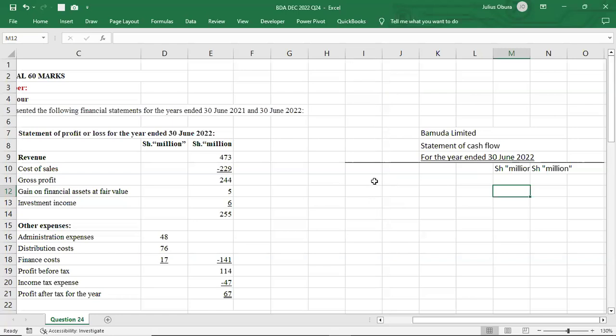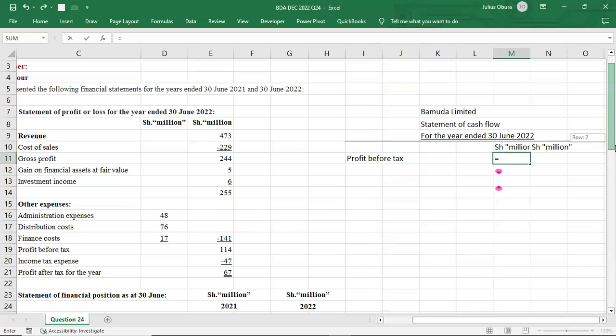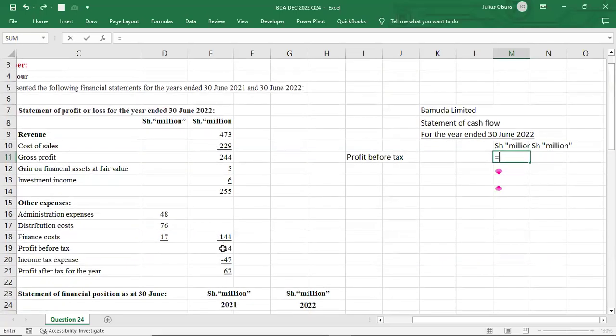So we start here with our profit before tax, and we get that from our income statement. Here it is, 114. Yes, that's our profit before tax. Then for our profit before tax, we will adjust for.